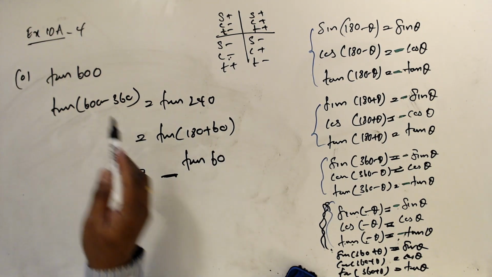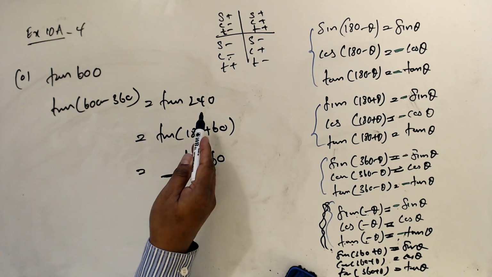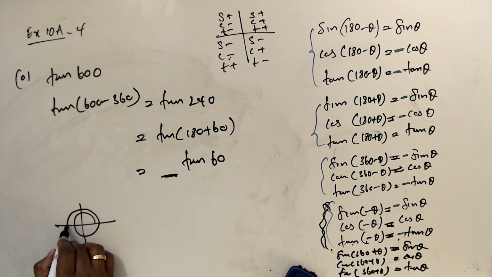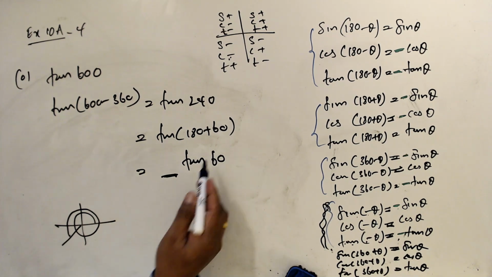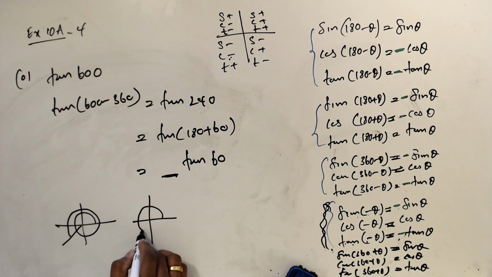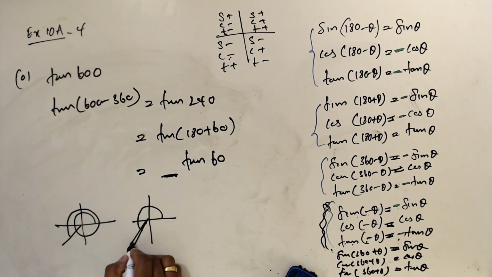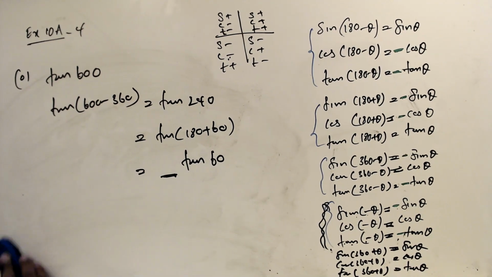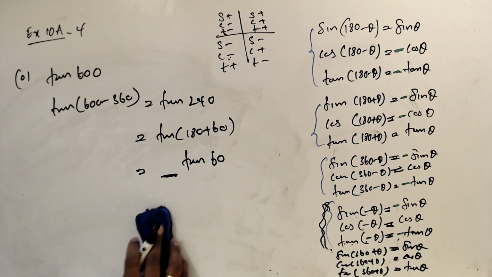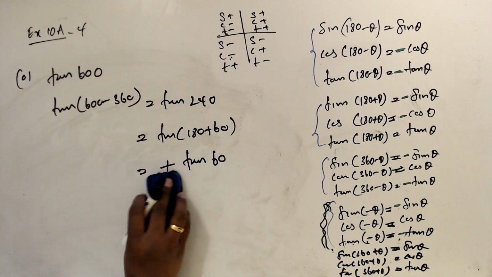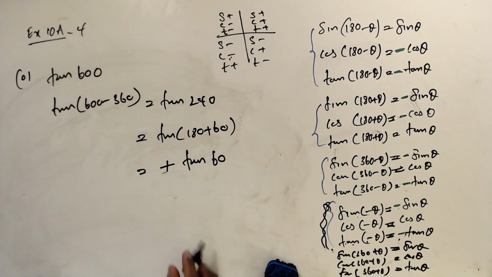What is 600? 360 and 540 and another 60, or 240. 240 means 180 plus 60. Both have the same characteristics, in the third quadrant, where tan is positive. So the sign is positive.